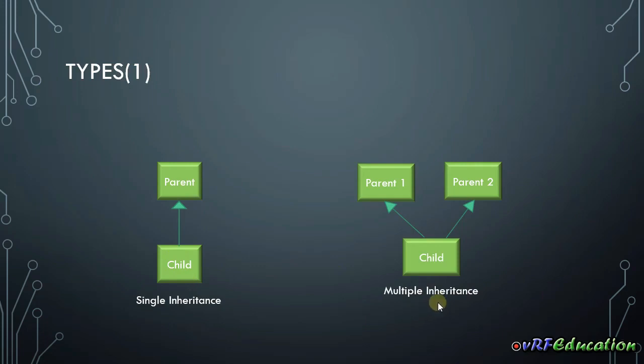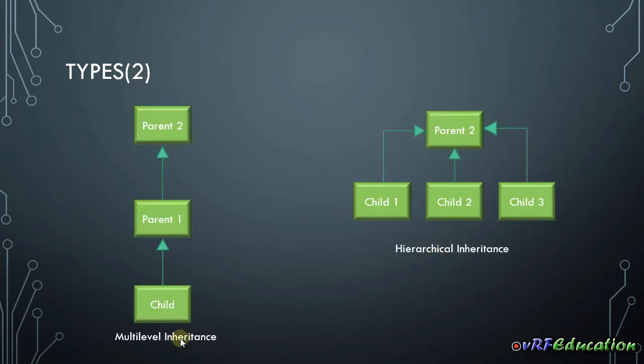And in multiple inheritance, a child will inherit from 2 different parents. Imagine you have the dad and mom, and you inherit from both of them. So here we have multiple inheritance. In some other programming languages, such as C++, we have multiple inheritance, but in others, such as C# or Java, we don't have support for multiple inheritance.